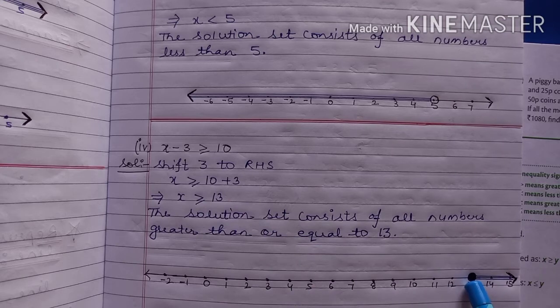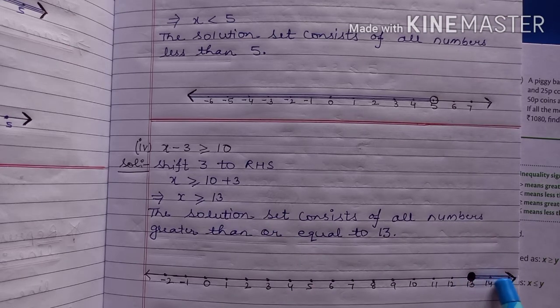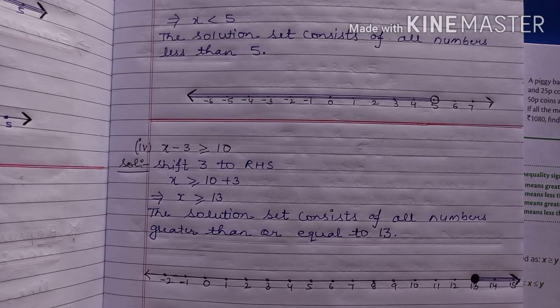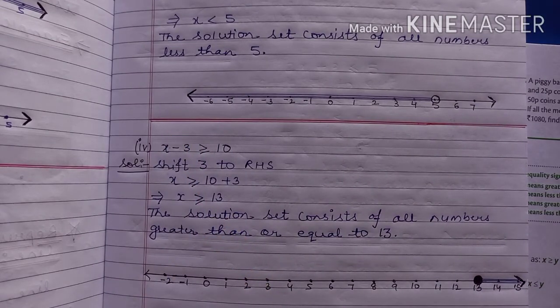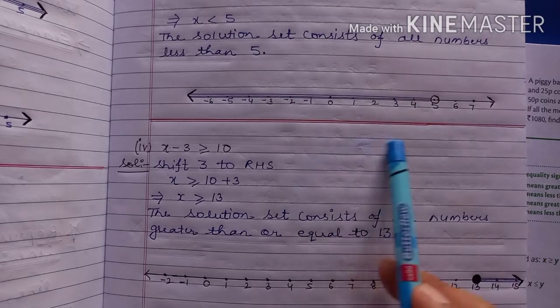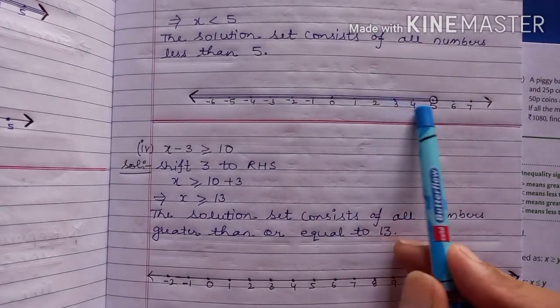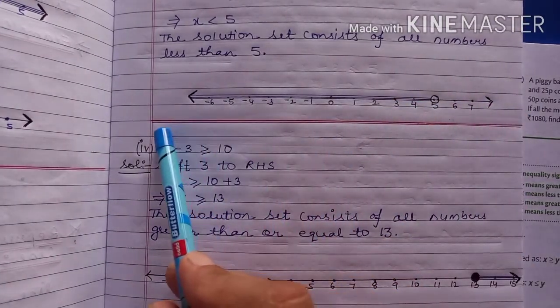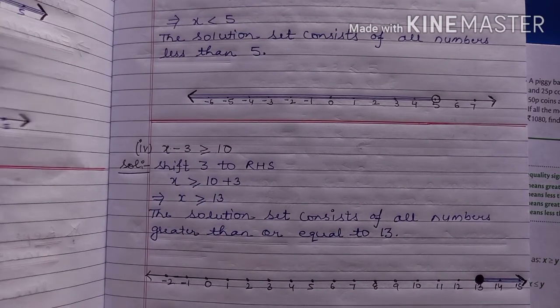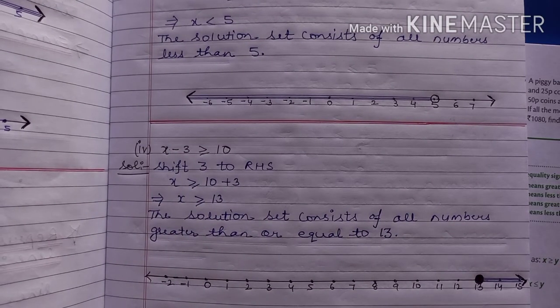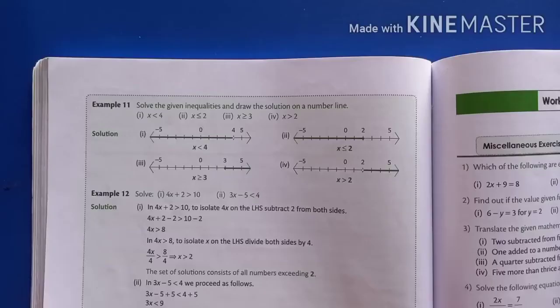So we highlight the portion on the right side of 13. And as you know, the arrows at the ends of a number line represent that it is not a segment, it can go up to any number. The ends are not fixed. It may be extended up to any large number on the positive side and any large number on the negative side.